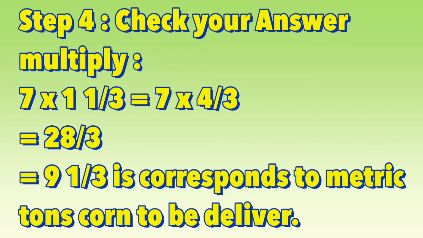It becomes now 4/3. Then 7 times 4 equals 28. Then copy the denominator, which is 3. Then 28/3 becomes now 9 1/3, which corresponds to the metric tons of corn to be delivered.